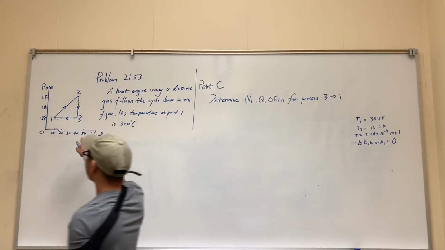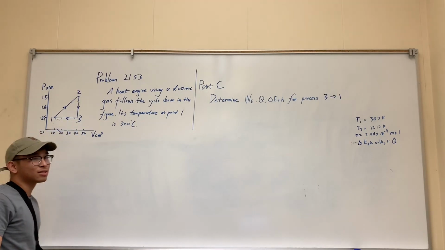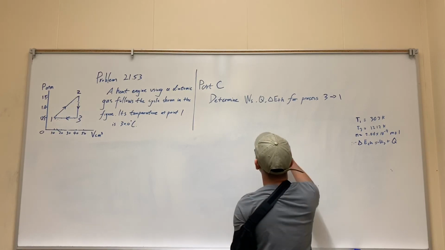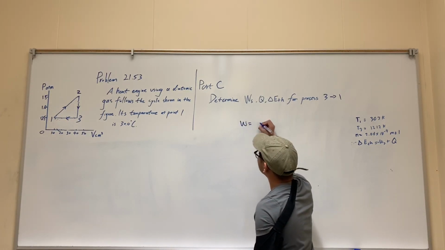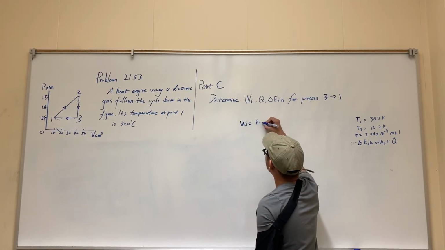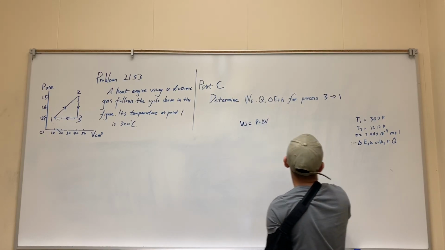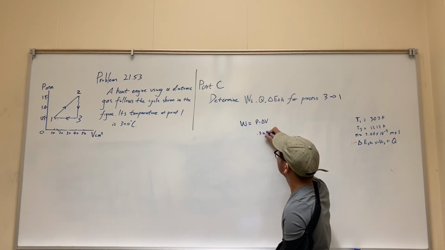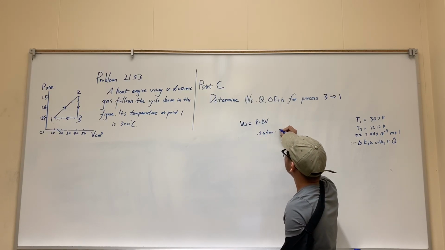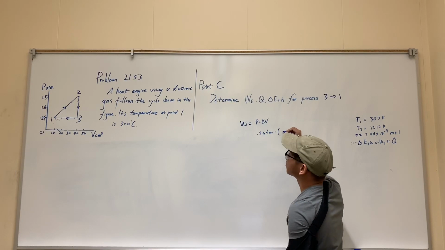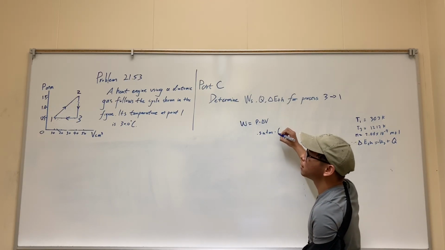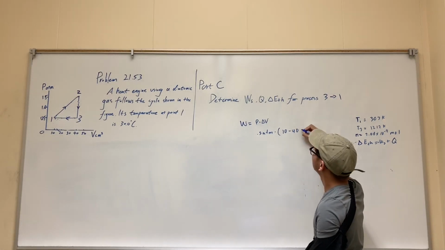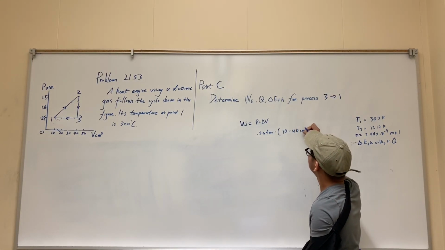And what we know from going 3 to 1 is it's isobaric since the pressure is constant. And what we can derive from that is our work equals P times delta V. And we know that our P is just 0.5 ATM times our delta V, which is our V final, would be 10 minus 40 centimeters cubed.